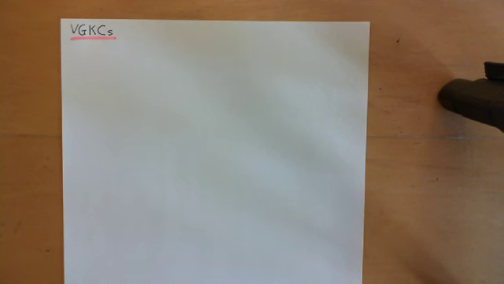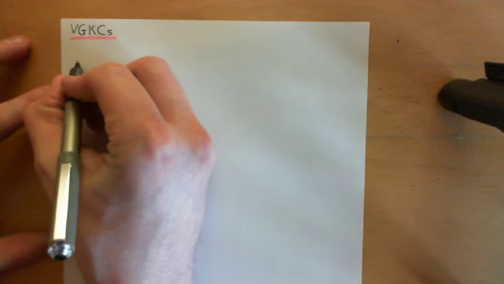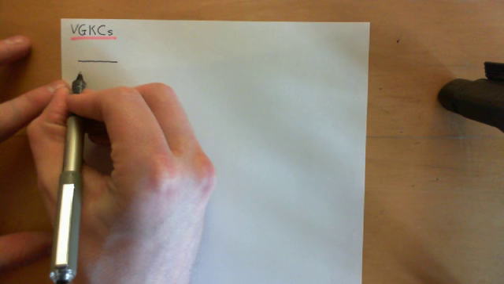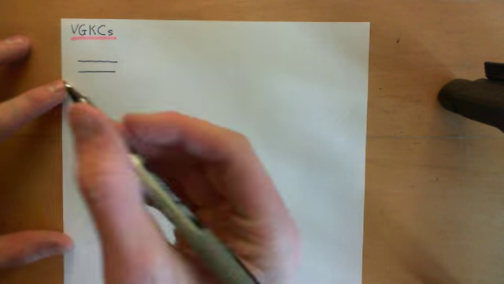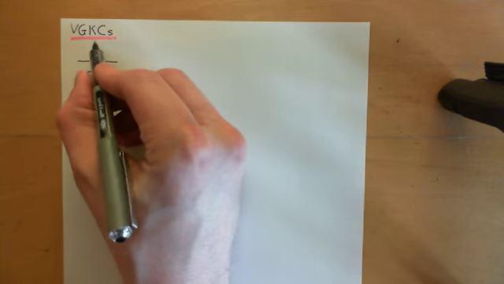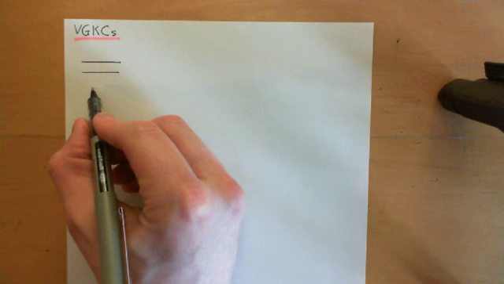The first picture I'm going to draw of a voltage-gated potassium channel is so basic that it's almost untrue, but it will highlight a key concept. Let these two parallel lines that I'm drawing represent the cell membrane of our neuron, maybe. Let this be the extracellular fluid side, and this the cytoplasmic side.